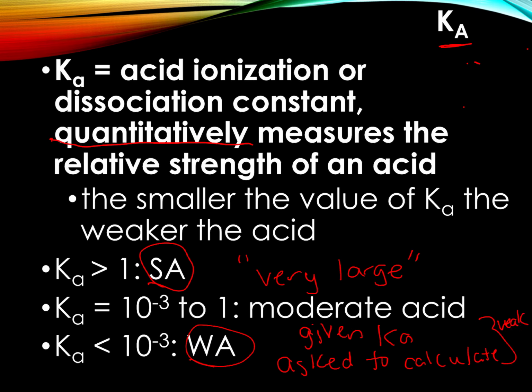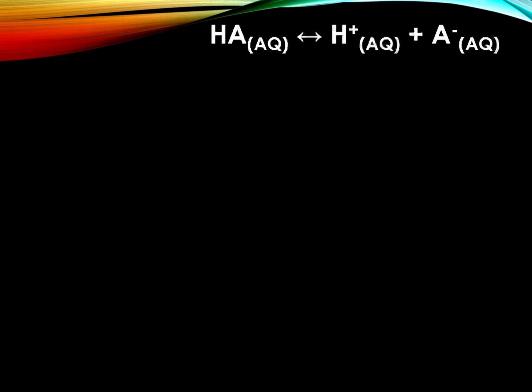Why does it matter? Because if it's weak, then you have to do ICE. The problems you would have done for the first lesson of this section, you did not have to do ICE. Those are considered to be strong acids or bases.